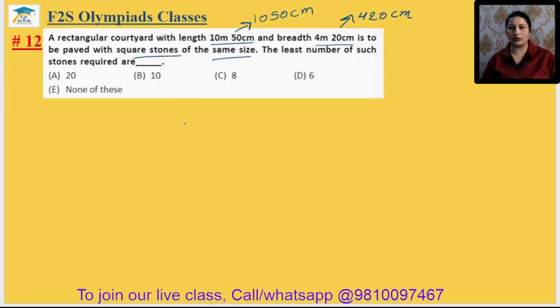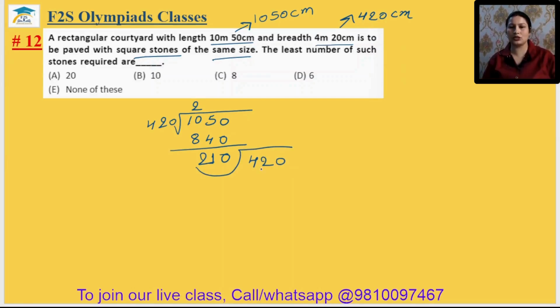Now take out the HCF. 1050 divided by 420. 2s are 840, remainder 210. Now divide 420 by 210.